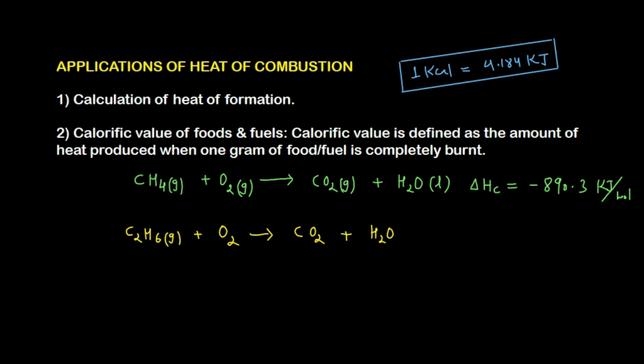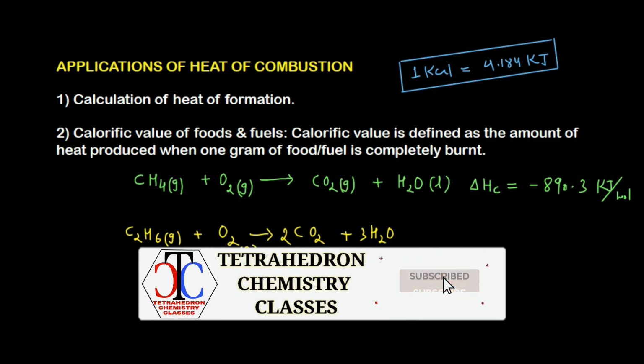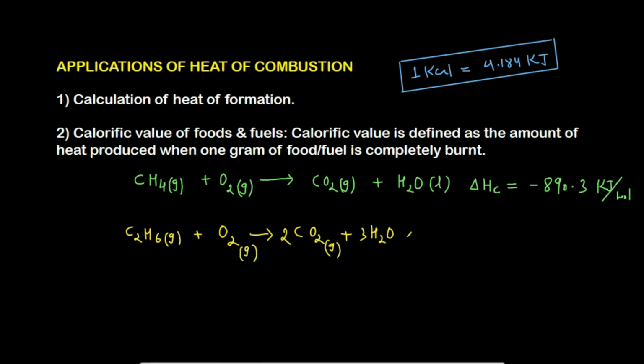To balance this reaction, 2 CO2 and 3 H2O would be there. Please remember, the first is gas, the second is also gas, and water is liquid. If you balance this reaction, you can see 2 times 2 is 4 oxygens and 3 oxygens, so 7 oxygen atoms are there. So you can write it as 7 by 2 of O2.